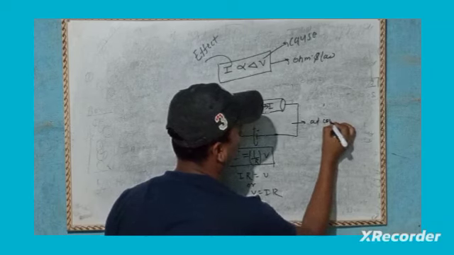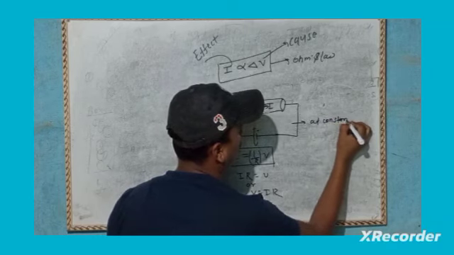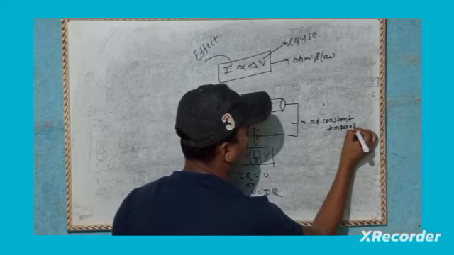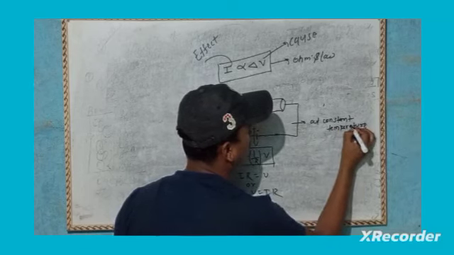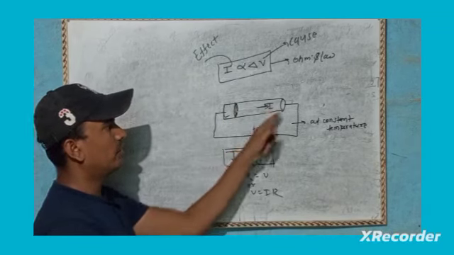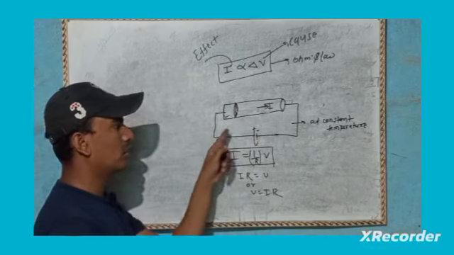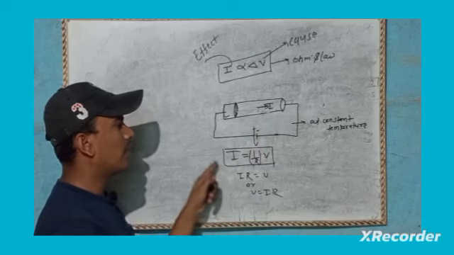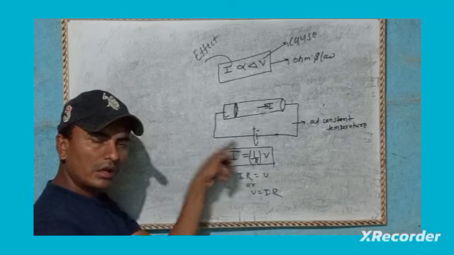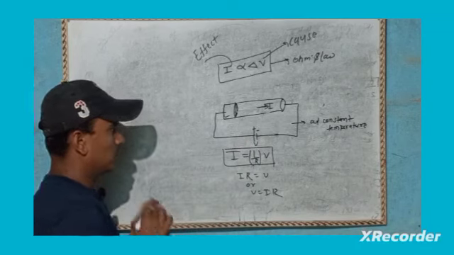At constant temperature, when a potential difference is applied across a conductor, the current that flows is proportional to the applied potential difference. What is I here?